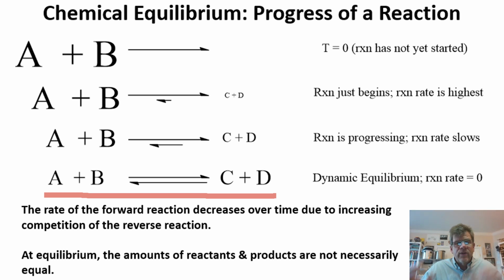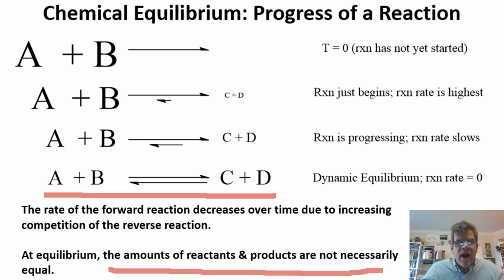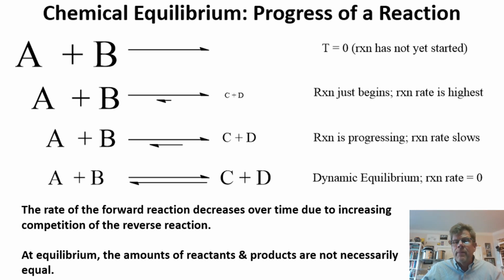But that's not always the case. At equilibrium, the amounts of reactants and products are not necessarily equal. We talk more about whether a reaction's equilibrium favors reactants or favors products.